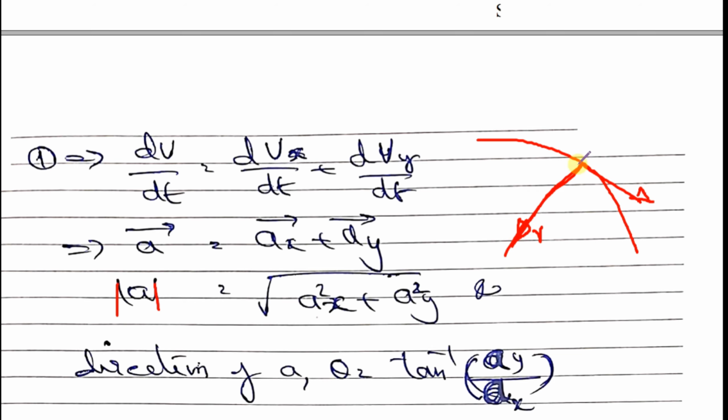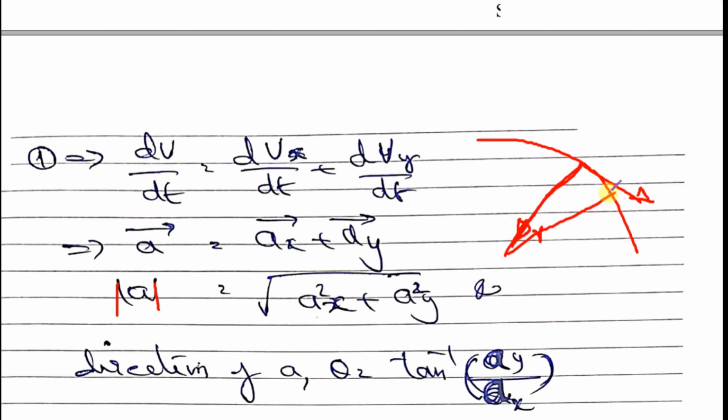The tangential component will be due to the change in magnitude, and the normal component will be due to the change in direction of the velocity, because at each and every point the direction of velocity will be changing.